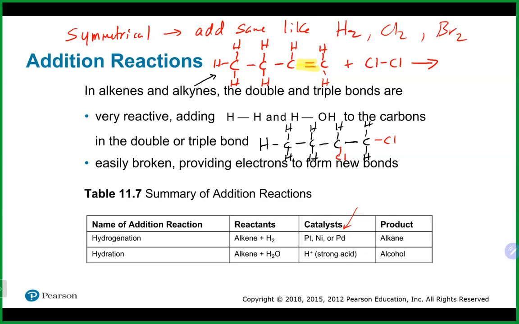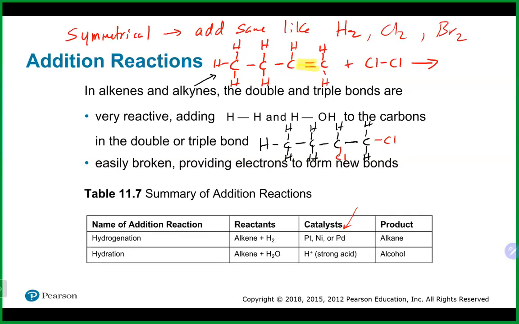Any questions on that? You have that. Okay, so let's look at another one here. Why don't you try one? Why don't you do this guy here. Try not to make too many bonds this time.